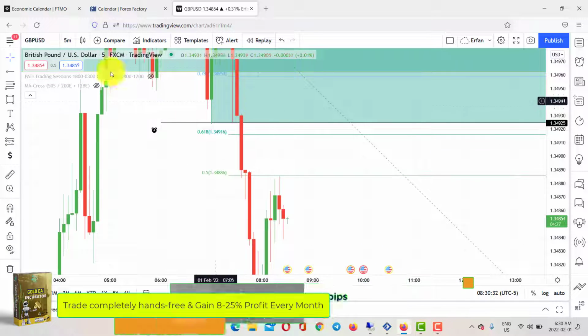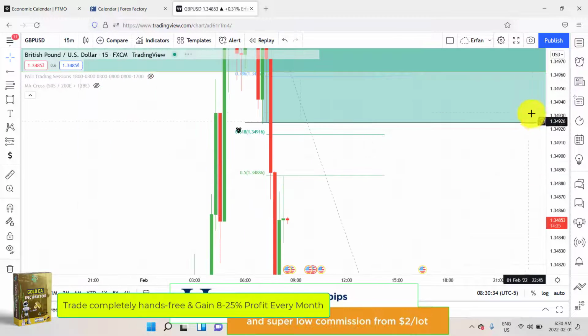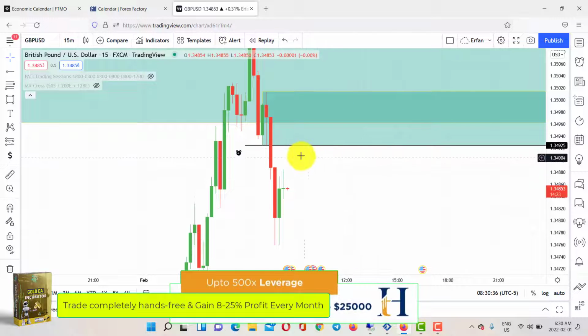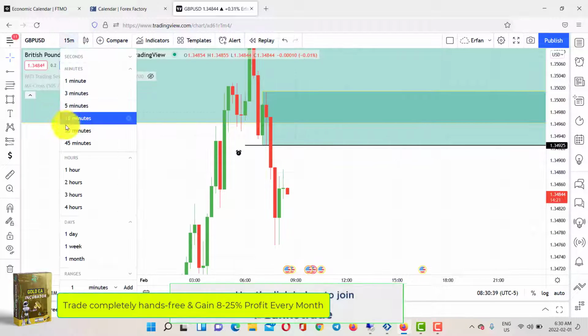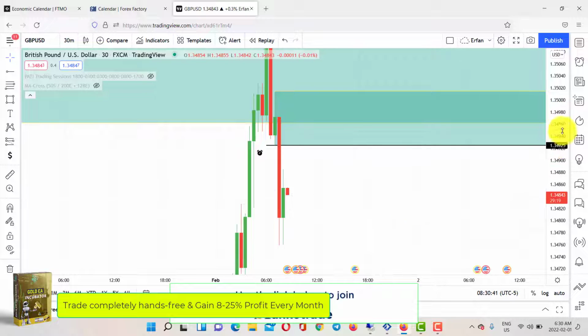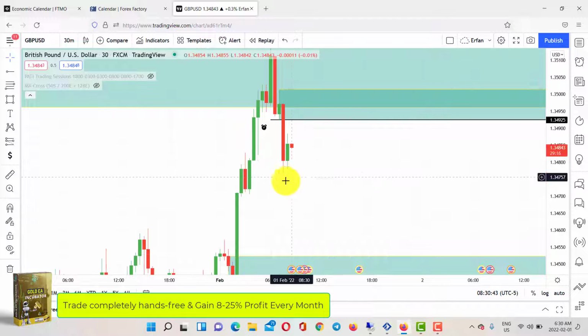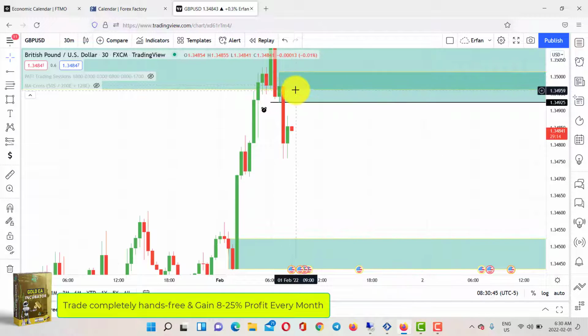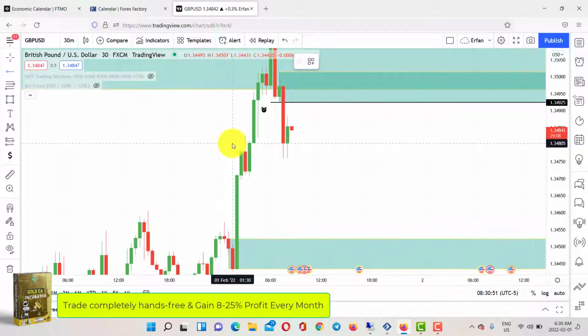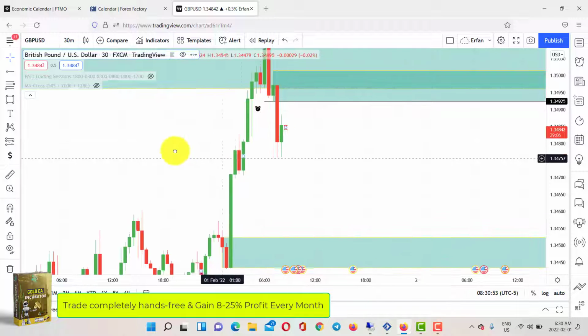I'm gonna wait for this order block, to be honest with you. Order block has more potential than Fibonacci, in my opinion. So I'd rather wait for this level or I just miss out on the opportunity. We also have this support here.